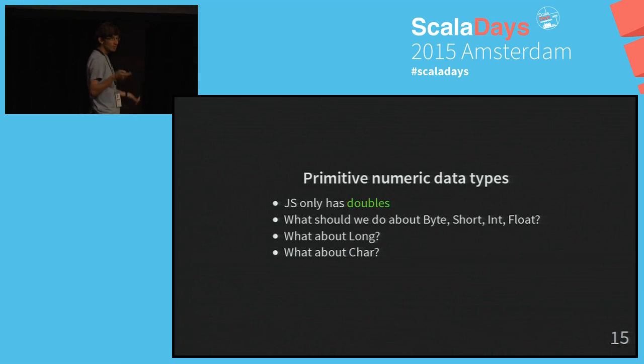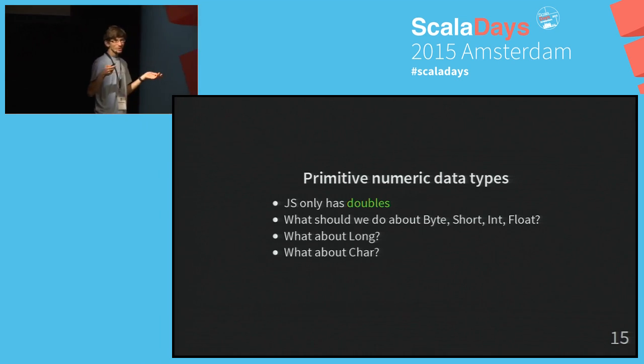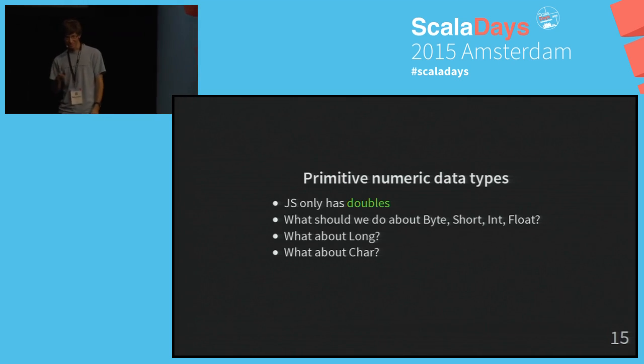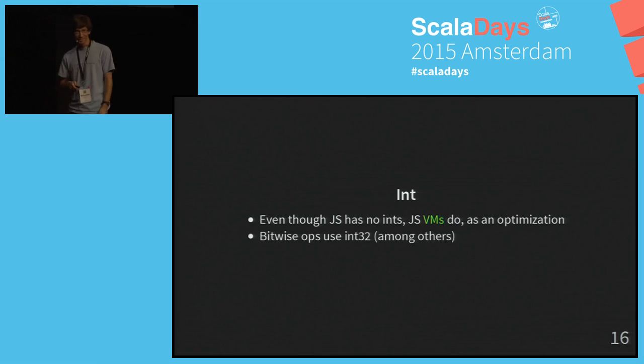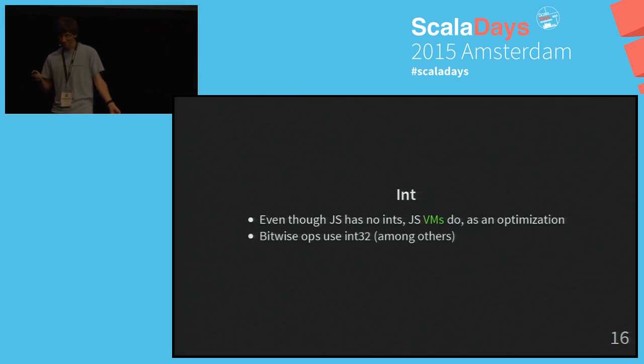In particular, long, because you cannot even fit a long in a double, no matter how hard you try. And character is also a numeric type, but it's also weird because its toString doesn't give a number, so it's a bit annoying. So let's talk about ints first, because it's probably the data type that you use most in your programs, even if you don't realize it.